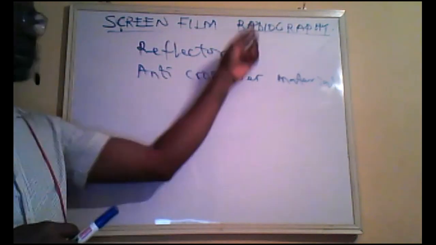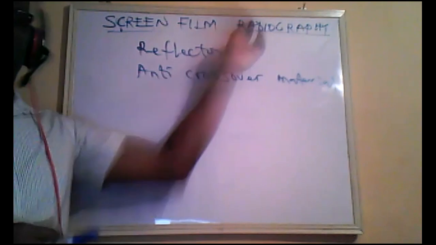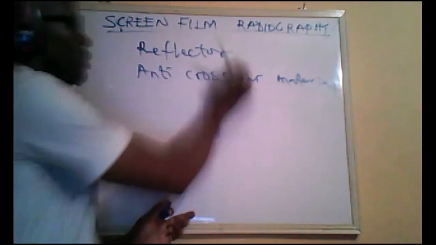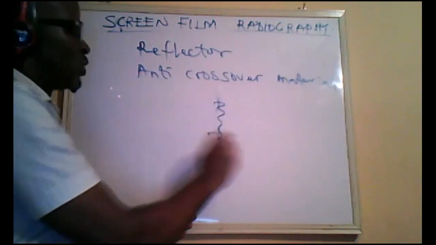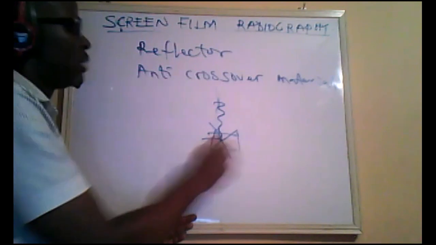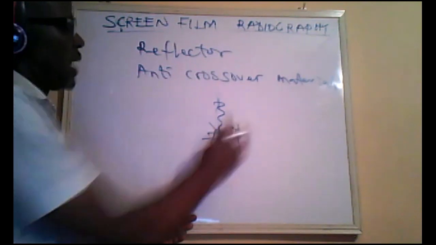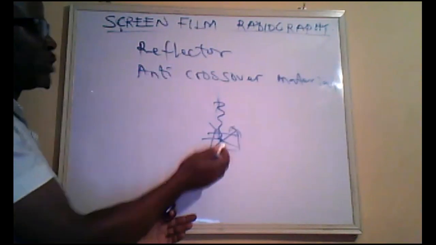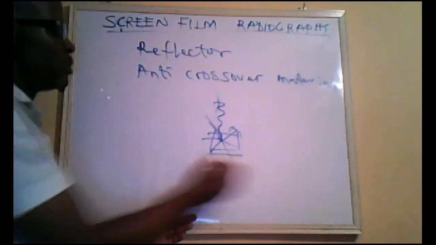We also want to have a reflector, because after the X-ray photon has interacted with the screen, you now begin to have light scattered in all manner of directions. This one traveling this way goes maybe somewhere around here.